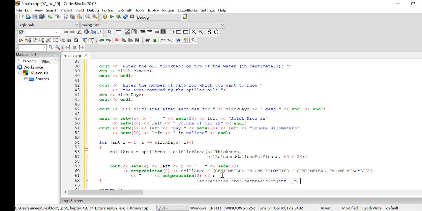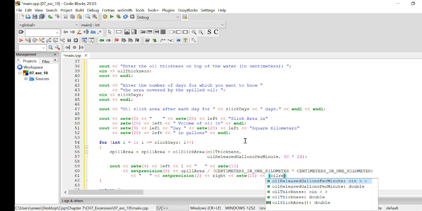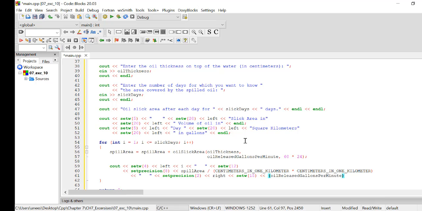And then you write in, set W 15, oil released in gallons per minute times 60 times 24 times i, and endl.